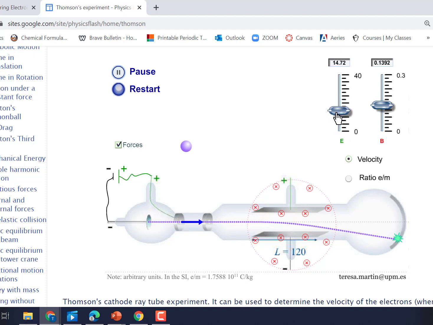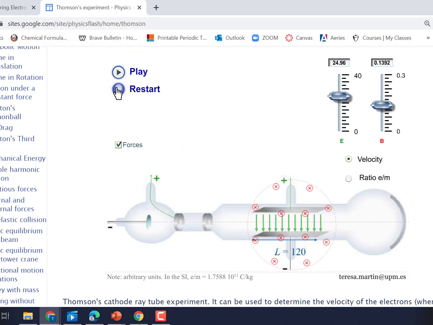So he turned on the electricity to try to counteract that. And it did go far, so I got to turn the electricity up a little bit more. It's pretty close.